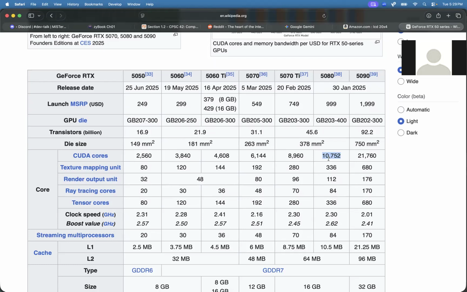On some chips, the capacity of the top end version, like the one that I'm highlighting now, the 5080, might not be 100% of the chip. They might make some allowances to have some parts disabled even on the full version of the chip.